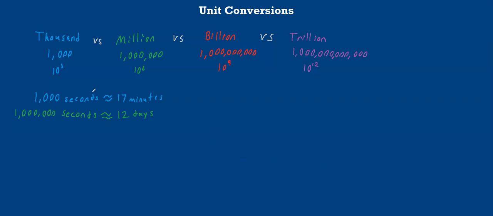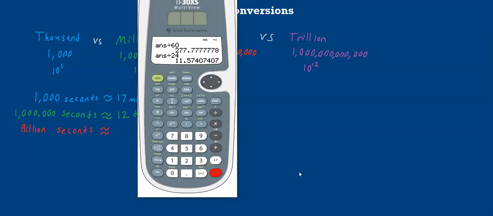And so what about a billion seconds? And I'm not going to take the time to write out all those zeros. There's too many to write, and I'm running out of room on the left side over here. But a billion seconds, what would this take? And so to write out a billion in our calculator, we'd need a 1 and 9 zeros.